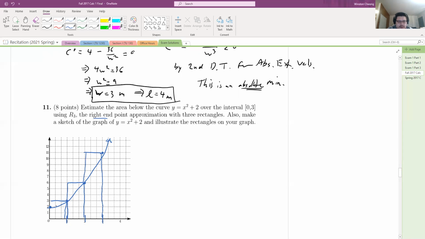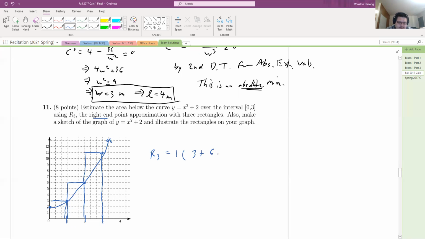And to calculate the area, this approximation, I'll put the 1 in front just because in general, the rectangles might not have a width of 1. They could be any width. You just have to make sure that you divide the total length by the number of rectangles, and that'll be the width of the rectangle.